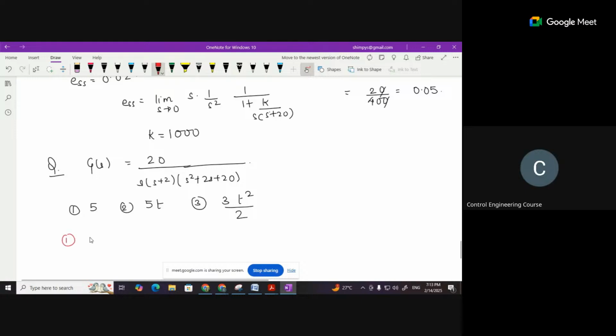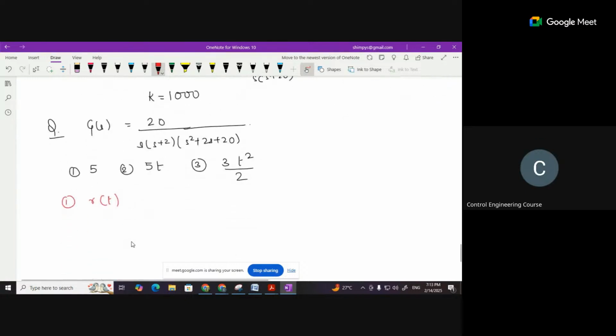So for the first case, for all the systems we have taken R(s) as the Laplace transform of the input, and C(s) as the Laplace transform of the output. So if we write in time domain, it will be r(t), correct? And this can be written as 5. So what will be R(s) then? Yes, 5 by s.